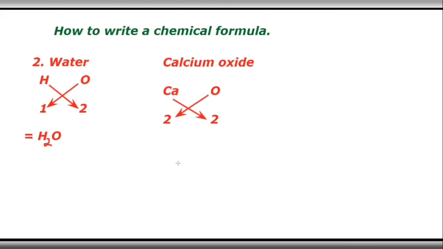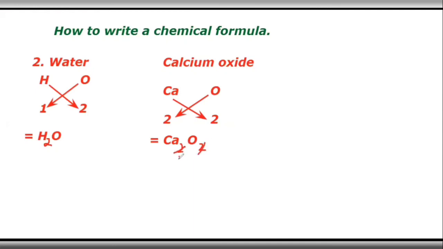In the next step we will have Ca2 and O2, so we will have Ca2O2. But these 2s we can reduce further by dividing by 2.